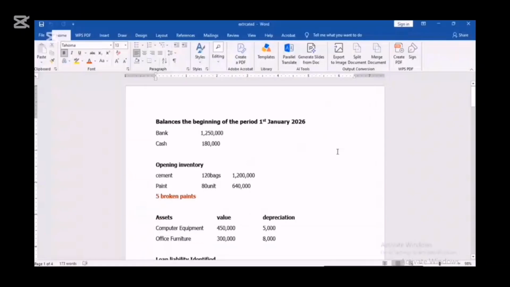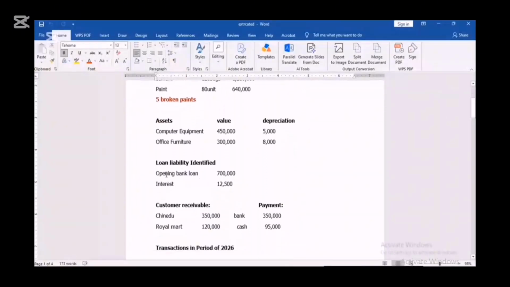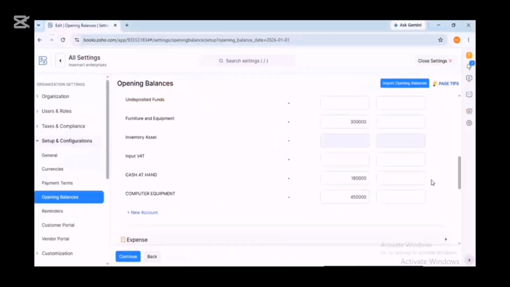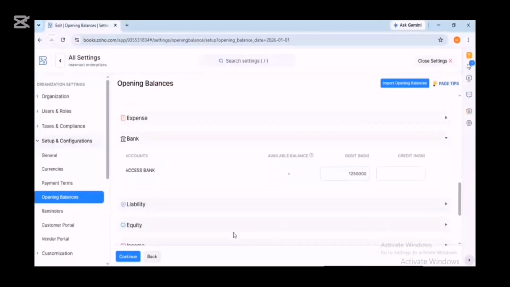Then let's move to the next. So here we have our loan liability. So actually the business had 700,000 naira worth of loan. So at the beginning of the period, it's brought into the books, and the interest of 12,500. So let's create a bank loan account as a liability.